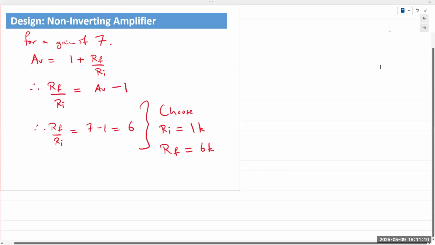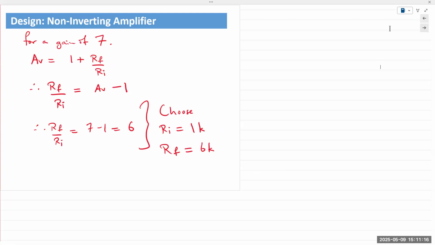So in the non-inverting amplifier, AV is 1 plus RF over RI. We have the gain, and we choose a resistor based on that feedback resistance and the input resistance value, right? Now, we could also have different values of the power supplies.